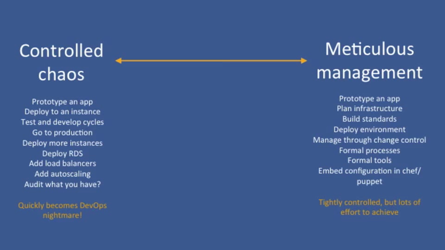Now this is a tightly controlled approach and at the opposite end of the spectrum to the previous example, but it requires quite a lot of engineering, a lot of effort, to achieve that sort of control.